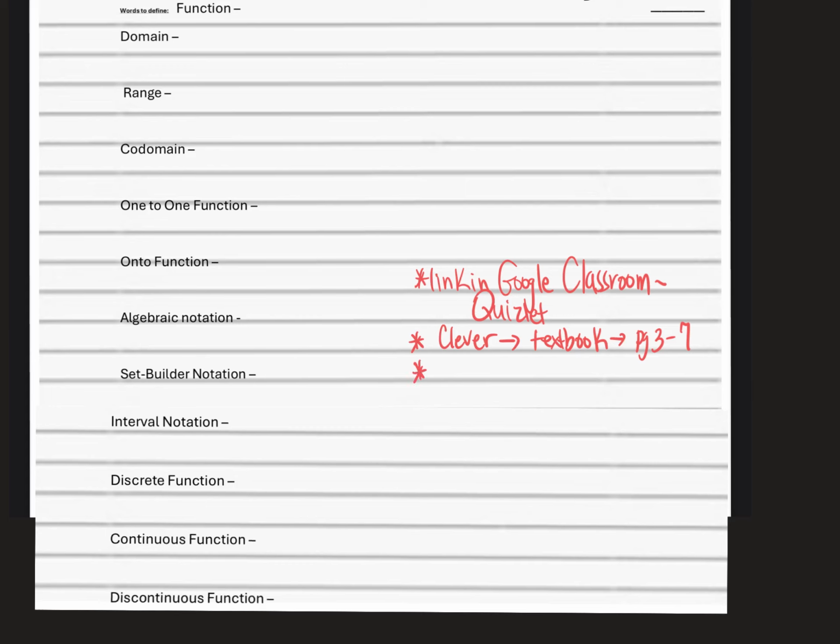Or at any time of the day other than during our class time, you're welcome to borrow a textbook and write those definitions down. Those are also on pages 3 through 7 in the actual hard copy of the textbook. But please use one of those three resources to write down the definitions of these words that are listed here.